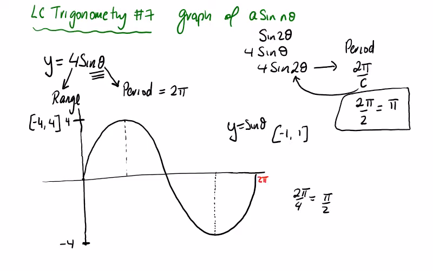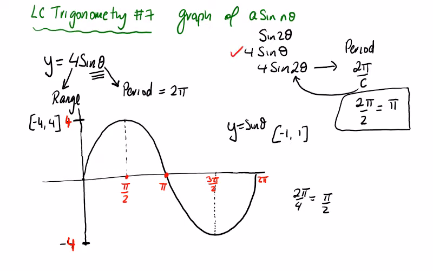This is 270, or 3 pi over 2. This one here is 180, or half of 2 pi. And this one is pi over 2. So you can see here the only thing that has changed are the 4s that were 1s are now 4 and -4. So this is the graph of 4 sine theta. So that's this one done.